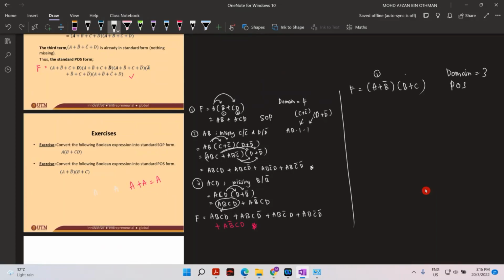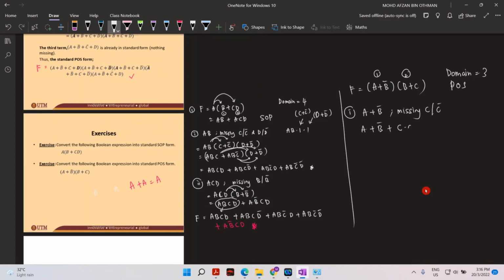Okay, so kita letak ni 1, ini 2. Okay, so nombor 1, A tambah B bar. Okay, apa yang hilang? C atau C bar. Okay, so kamu letaklah A tambah B bar tambah dengan kosong. Okay, so kosong kita nak gantikan dengan apa?